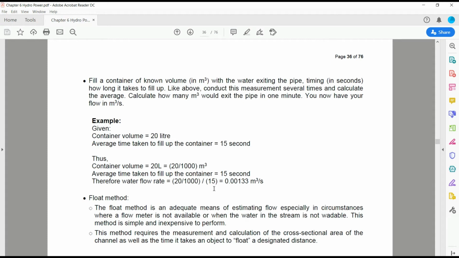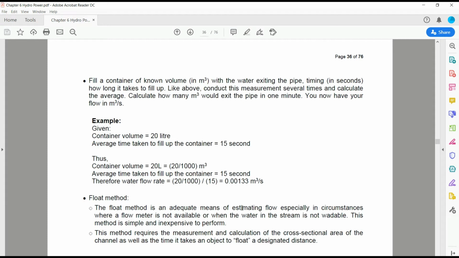So another method to measure the water flow rate is by using the float method. The float method is an adequate means of estimating flow, especially in circumstances where a flow meter is not available, or when the water in the stream is not wadeable.